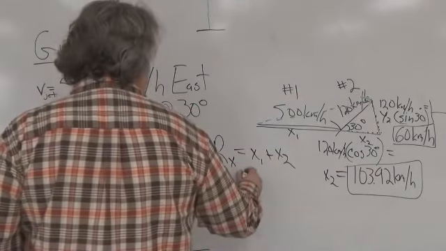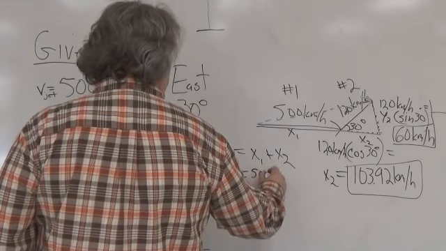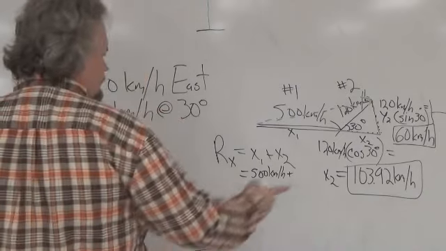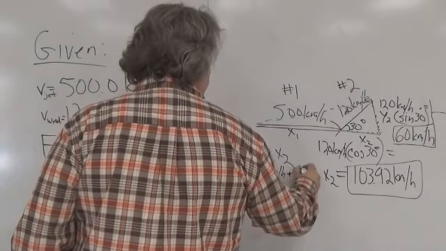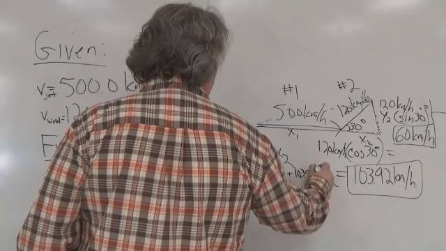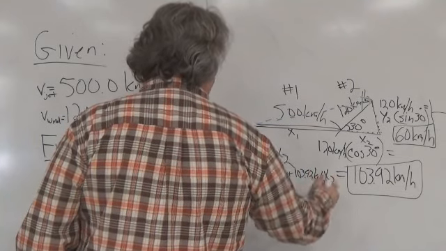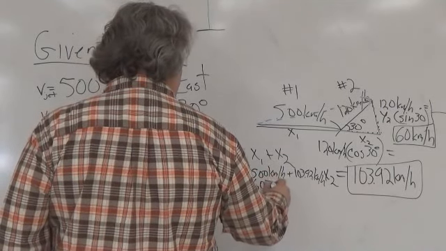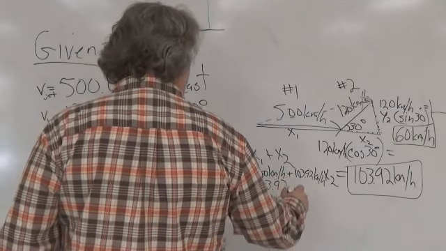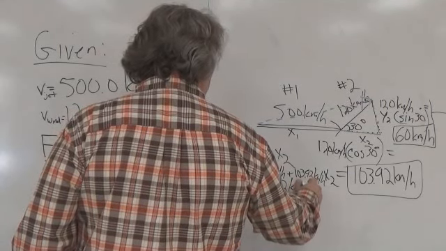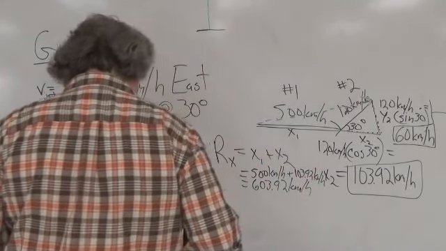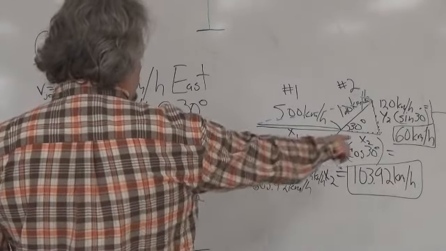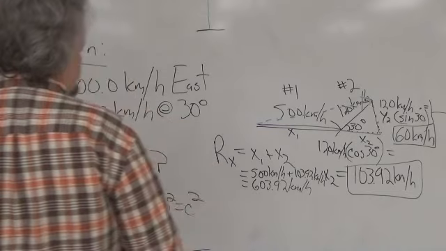So plug in those numbers. 500 kilometers per hour plus what you just found out, 103.92 kilometers per hour. Add that up, it comes out to be 603.92 kilometers per hour. So that is the total in the x direction of your right triangle.